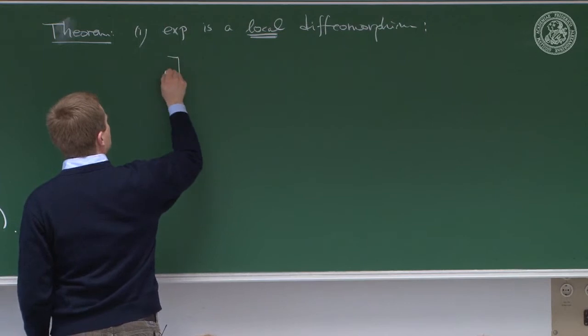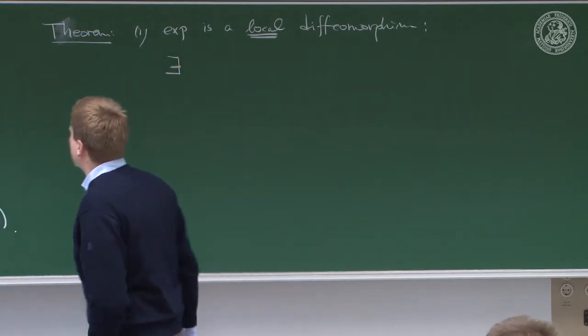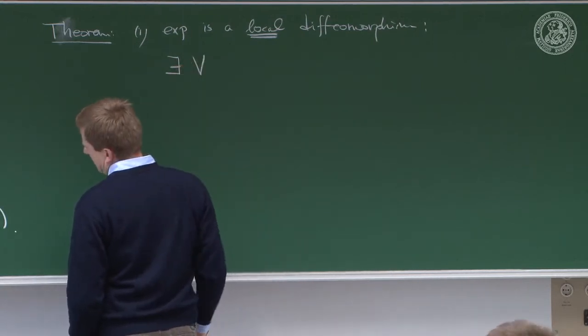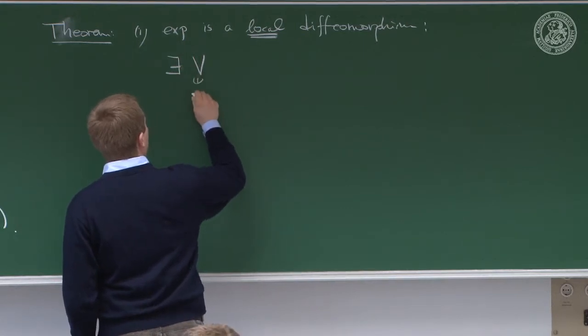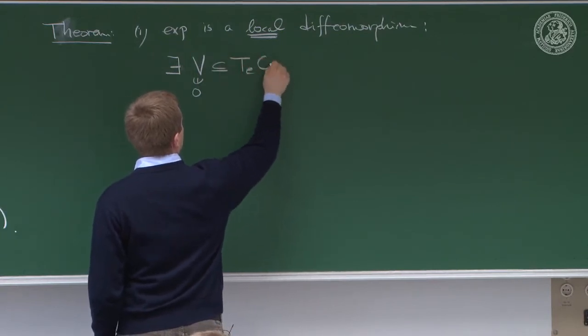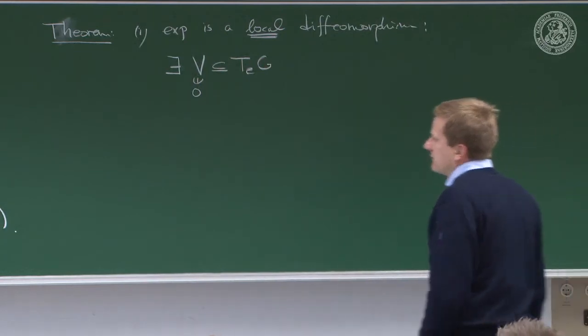It means there exists a neighborhood of the 0 vector in this tangent space. It doesn't need to be a vector subspace. Well, it won't, of course.